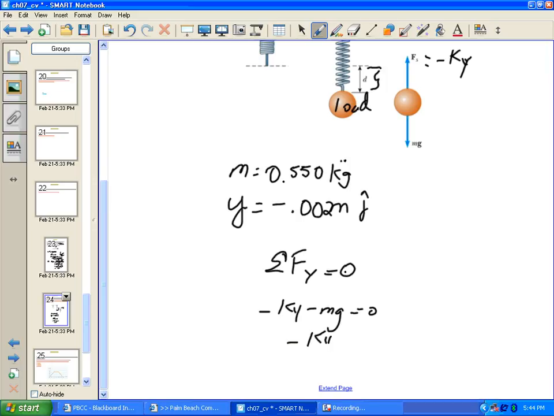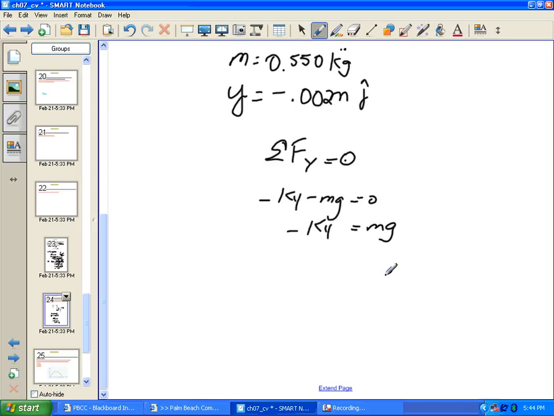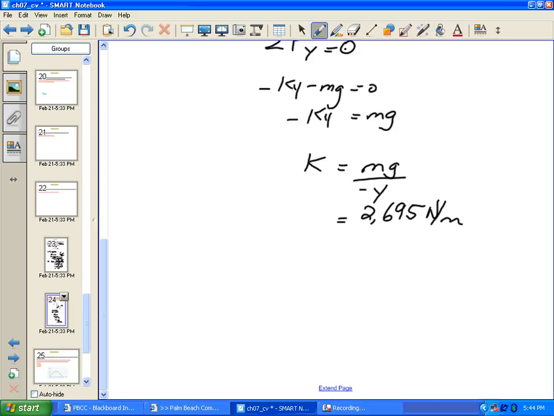So minus ky equals mg, and we're solving for k, so k equals mg divided by minus y. But of course y itself is negative, so k will be given as a positive value, 2,695 newtons per meter.